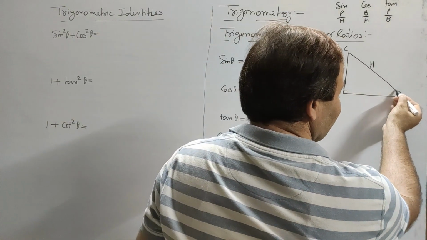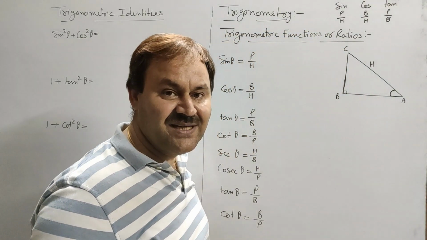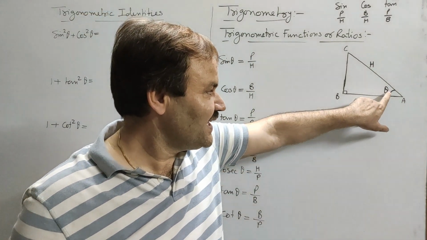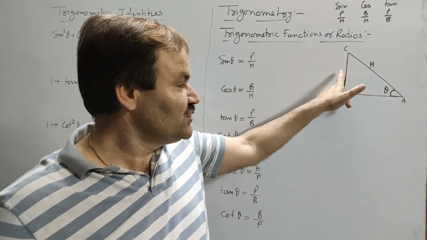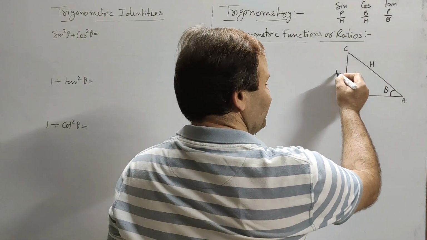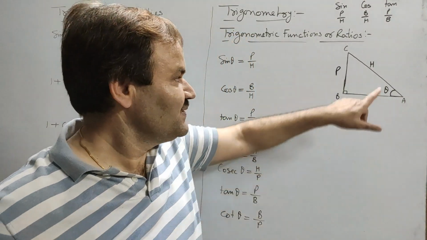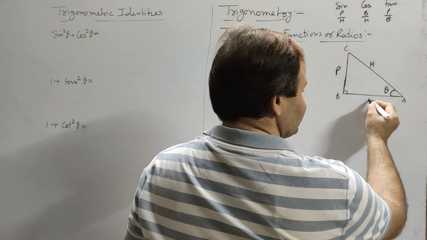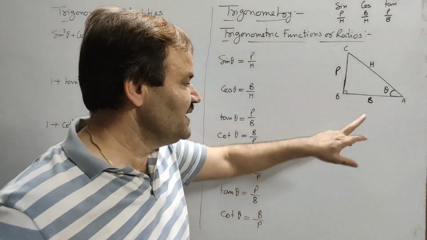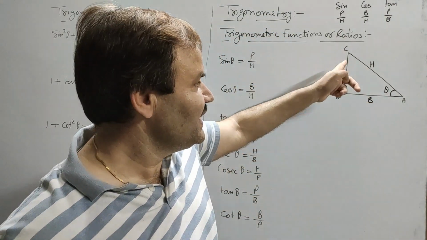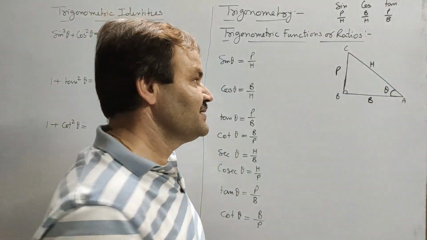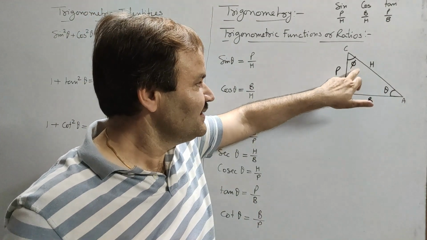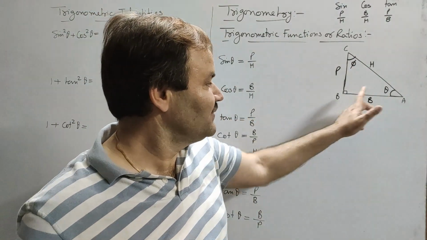If we want to use angle A, say this angle is theta, then for angle theta, the side opposite to it will be perpendicular. The longest one is hypotenuse, so the third side left will be the base. So AB is base for angle theta, but if we were considering angle C, say this angle is phi, then for angle phi, the side opposite to angle phi will be AB.